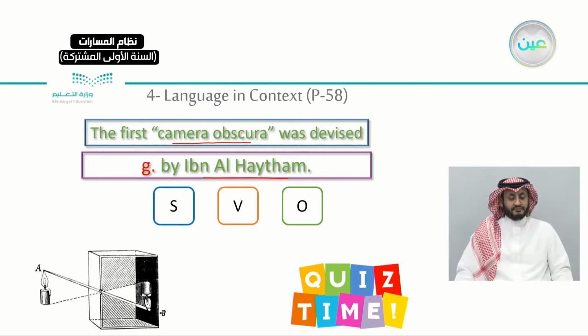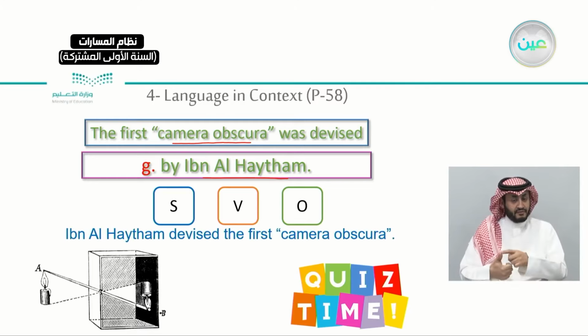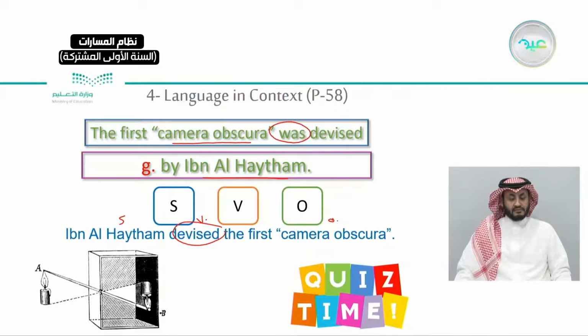Subject, verb, and object. Let's put it in the correct order. Ibn al-Haytham devised the first camera obscura. He's the subject. He did the action, which is devised, and camera obscura is the object. And notice, devised, that's why we have "was": past and past.